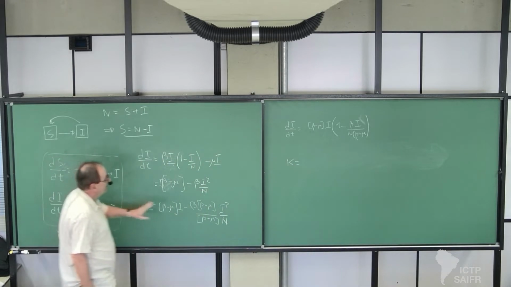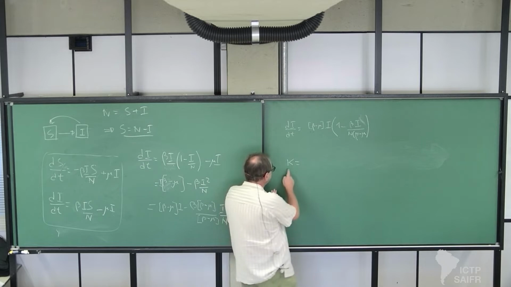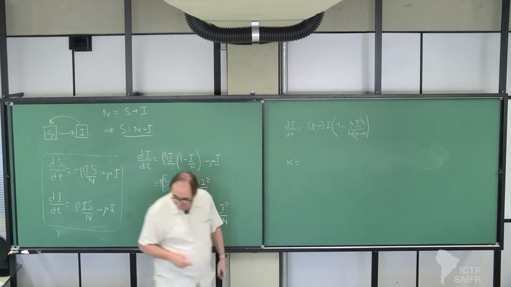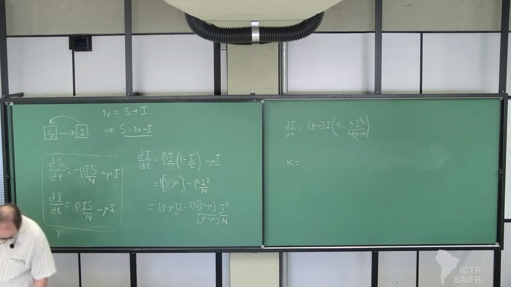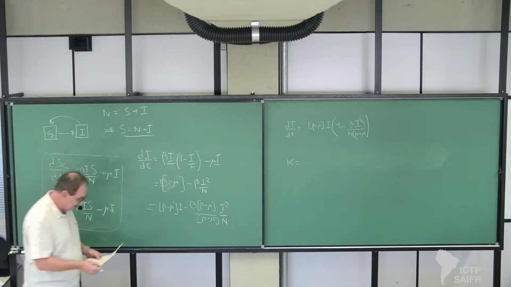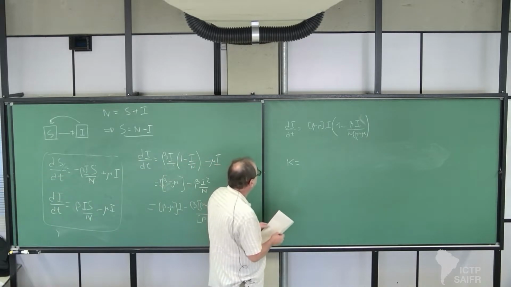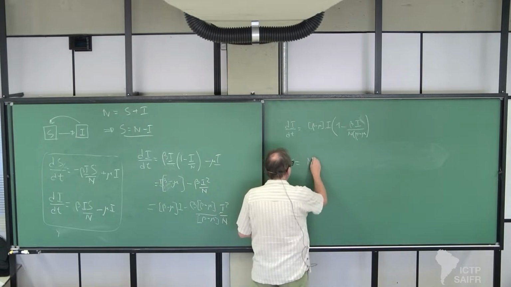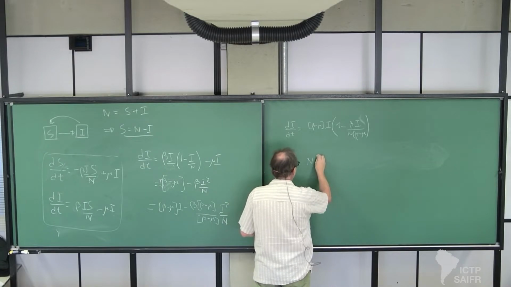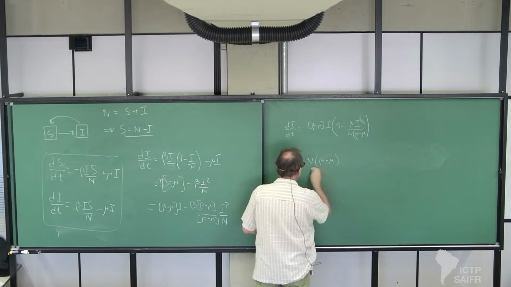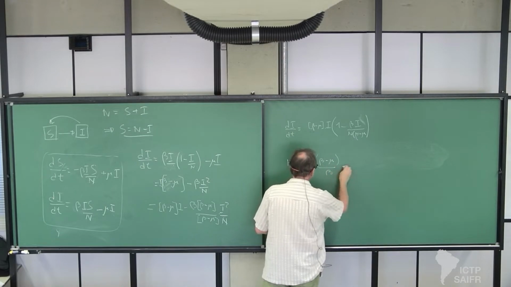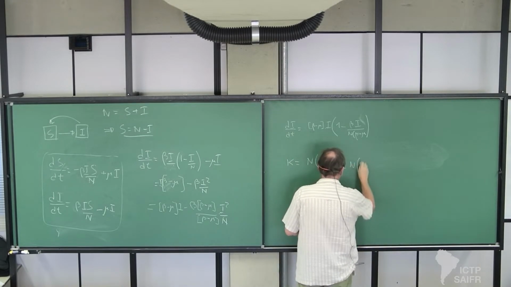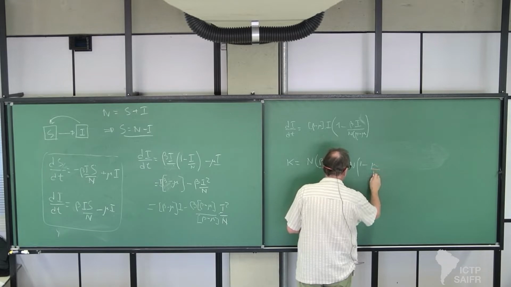Now this has a certain carrying capacity, which is n times beta minus mu divided by beta. Therefore, this is n times 1 minus mu over beta.